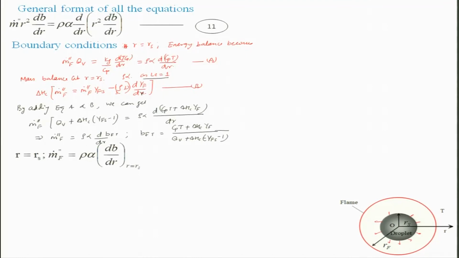And now you have understood why we divided earlier by QB delta SC YFS minus 1, because this is the amount of heat which will be taken care of for this mass to move around. And when R is equal to infinity, B will be B infinity, far away from the droplet, far away from the flame.